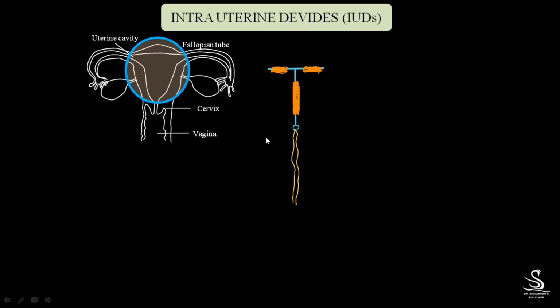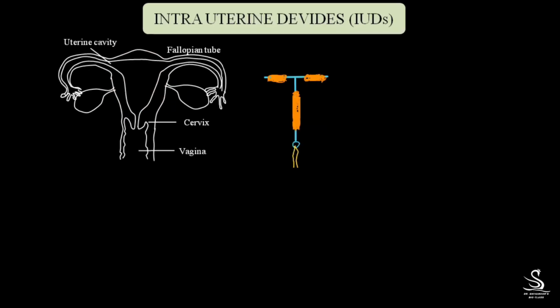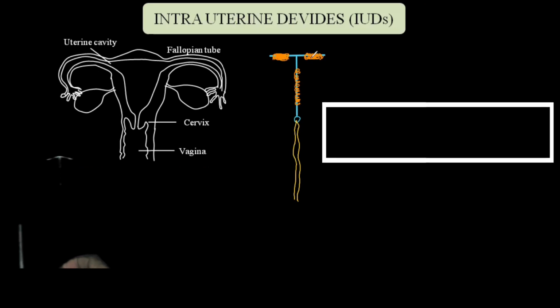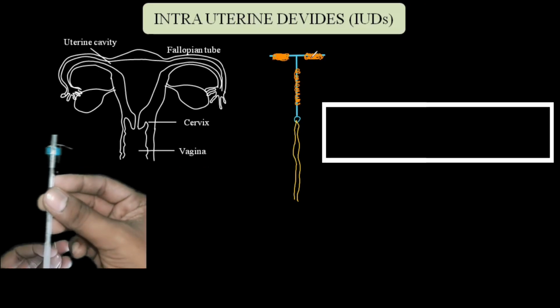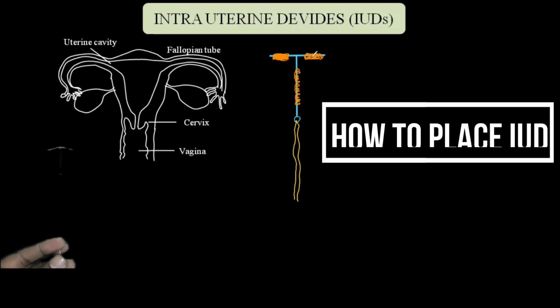Now let us understand the different types of IUDs. But whatever IUDs there are, these IUDs are fixed by doctors, or expert nurses can fix them. See here, this is the IUD, which is available in the form of packets.